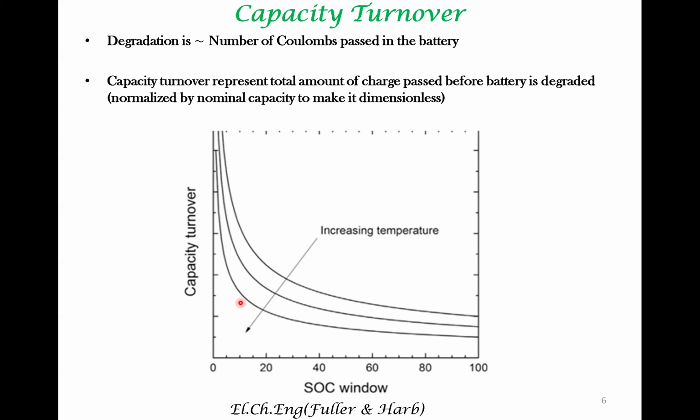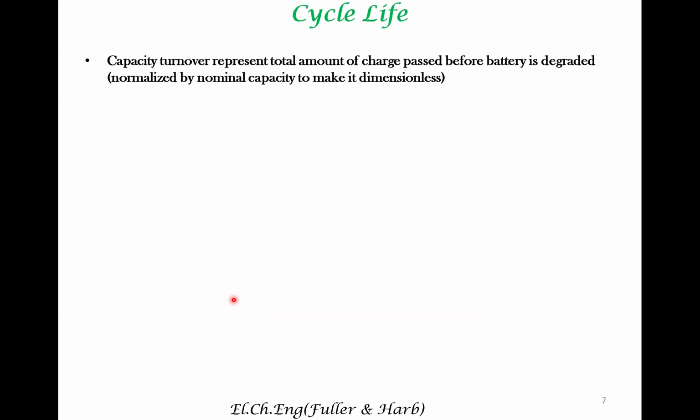How do you design batteries for tropical conditions where the temperatures are reasonably high is an important topic of current research. But the two features that you have to remember is the greater the SOC window of operation, your turnover number decreases. If you increase the temperature, your capacity turnover number decreases.